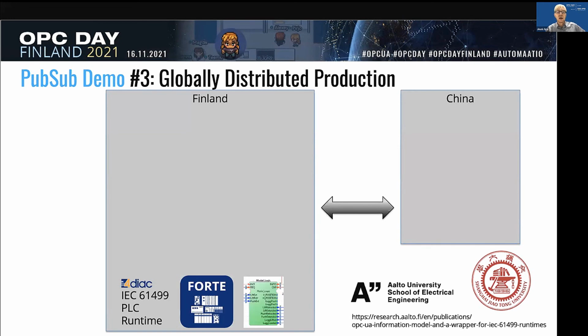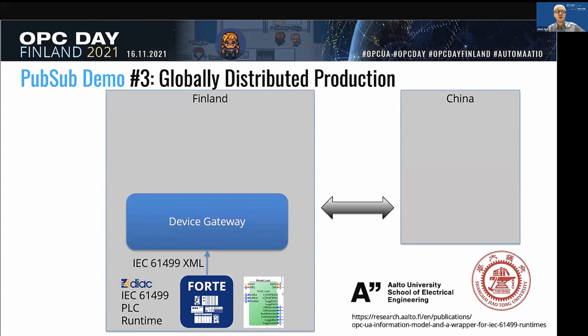We created a simple model, or our friends in Aalto University created this model with the 61499 programming language, function blocks. Then they created a device gateway that can communicate with the runtime in 61499 XML format, and then publishes this data using UADP OPC UA connection.